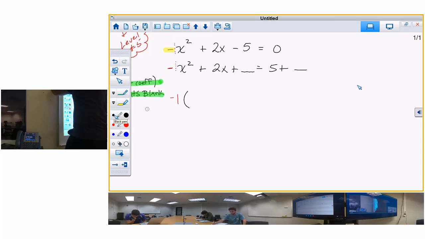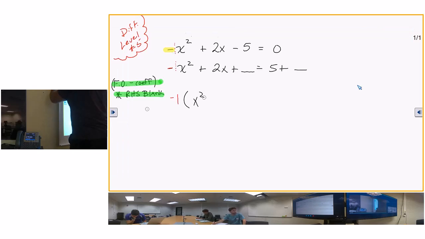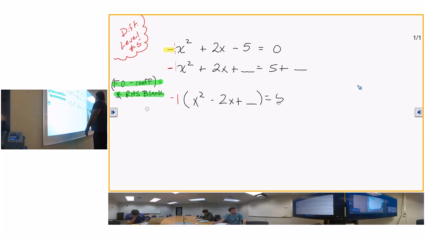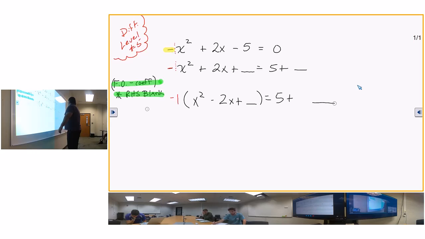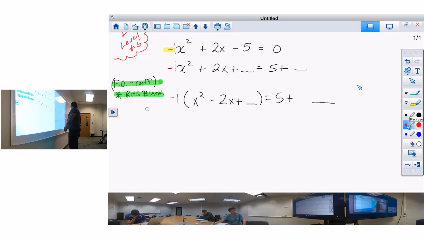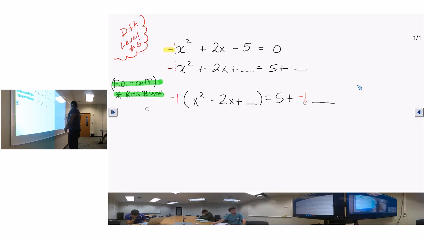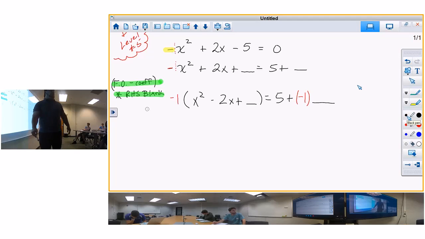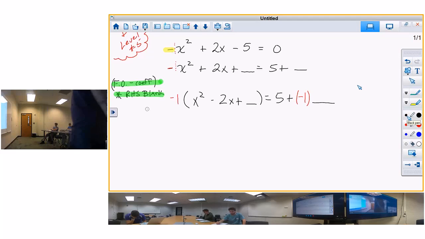That will leave a positive x squared minus 2x plus blank is equal to 5 plus, and I'm going to multiply this right-hand side blank by -1. Now you can go back to completing the square.